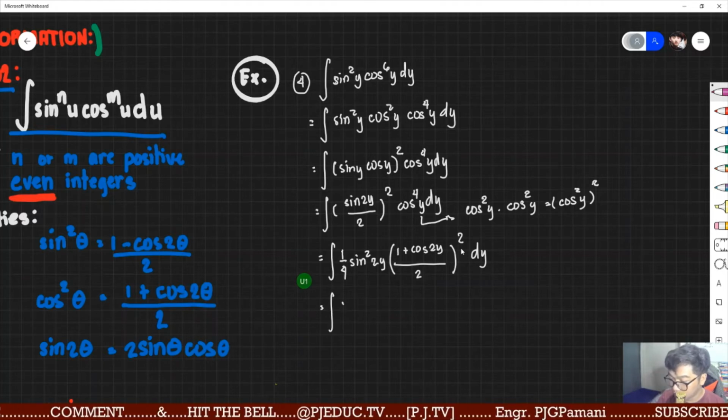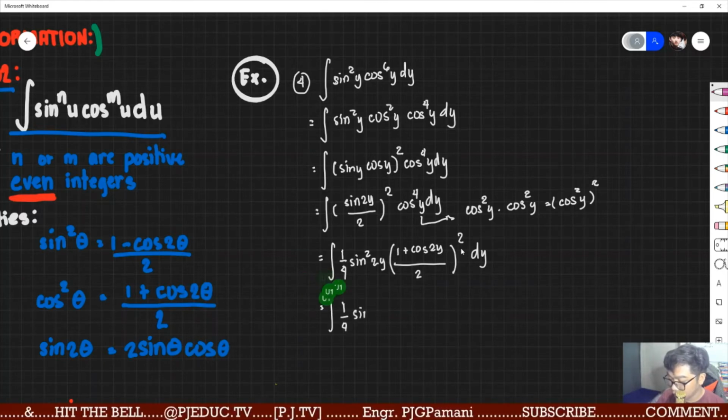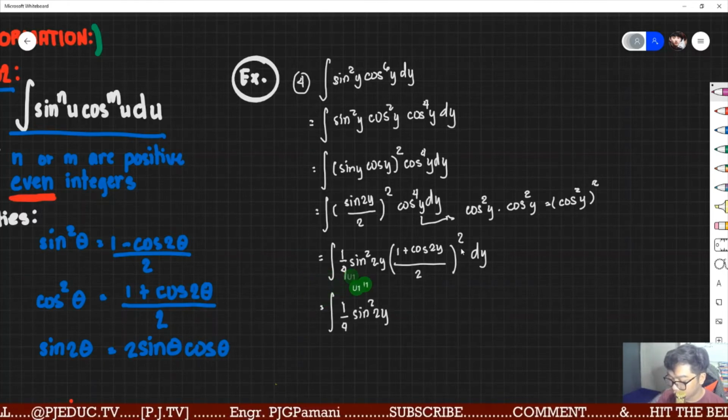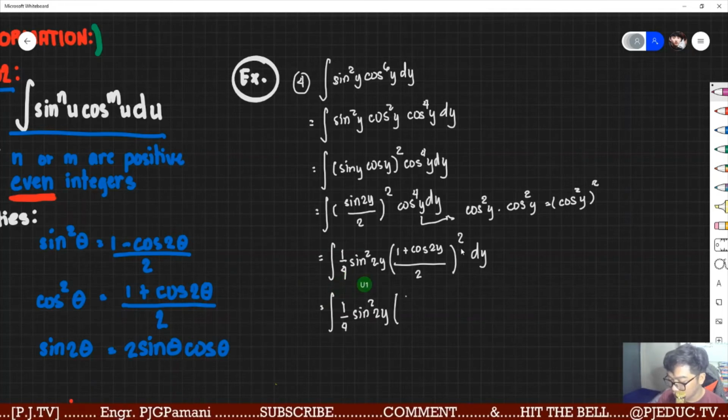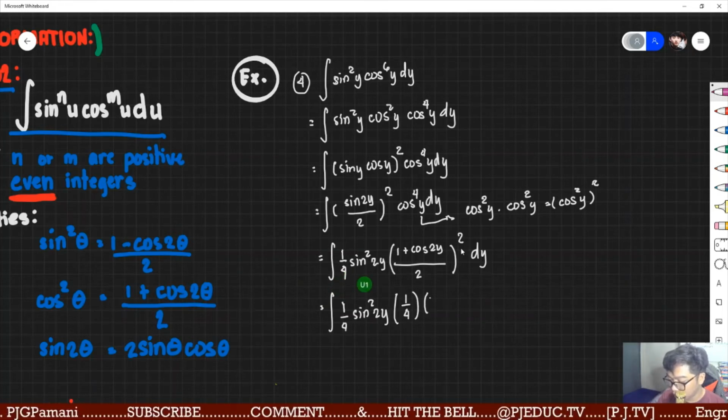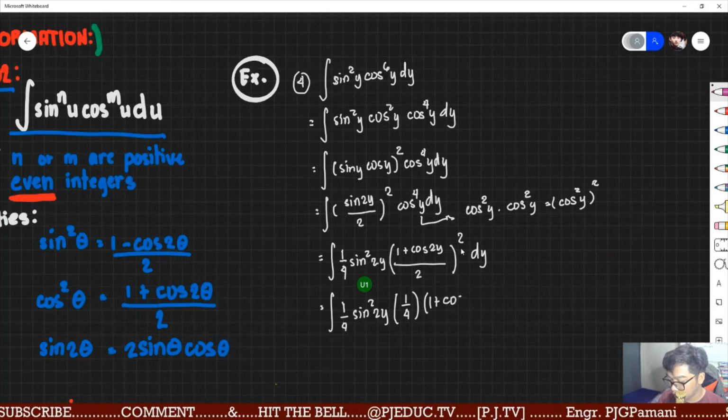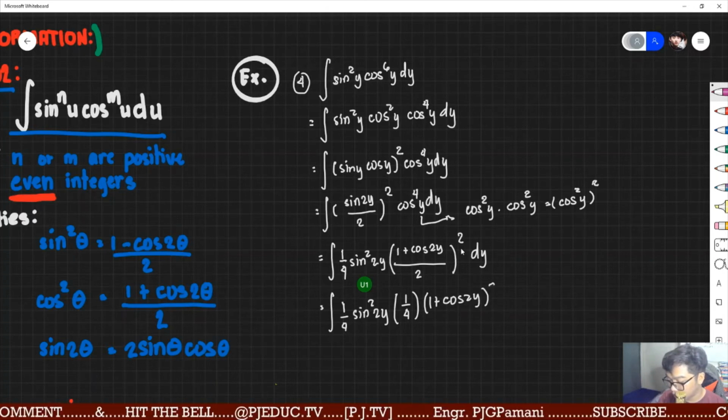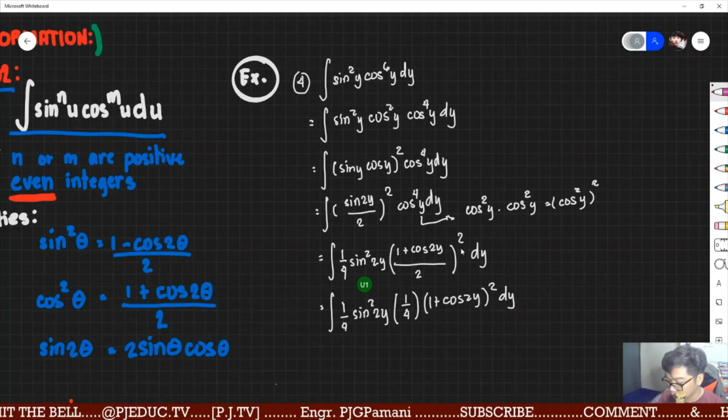Subtract natin ulit yung ating 1/4. Sine squared 2y. 1/2 raised to the 2 is 1/4 plus, times 1 plus cosine 2y squared dy. Expand.